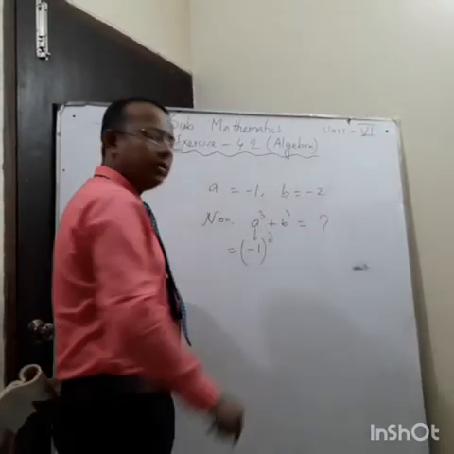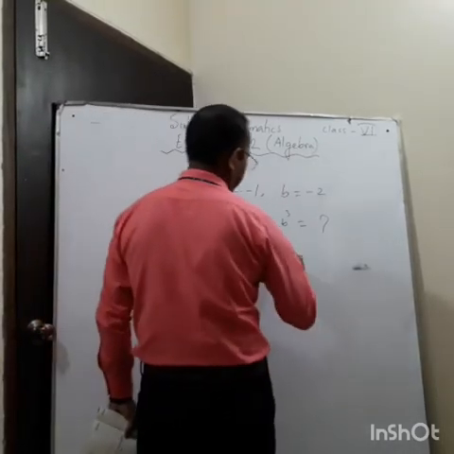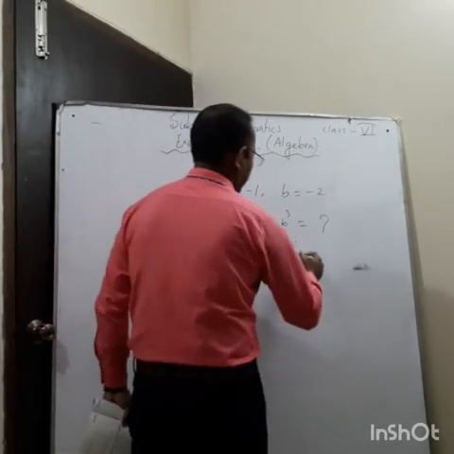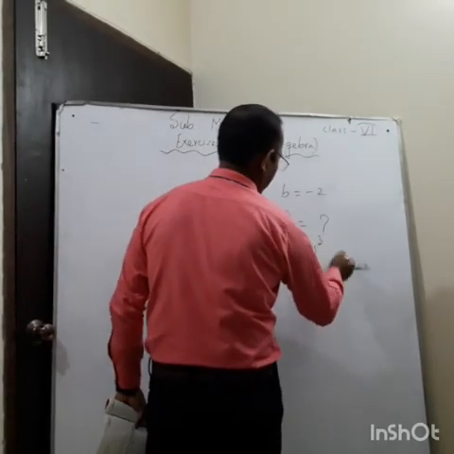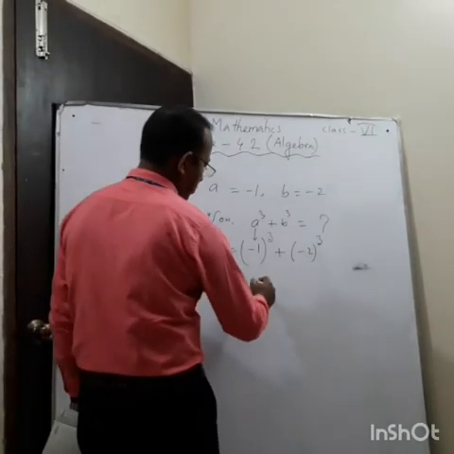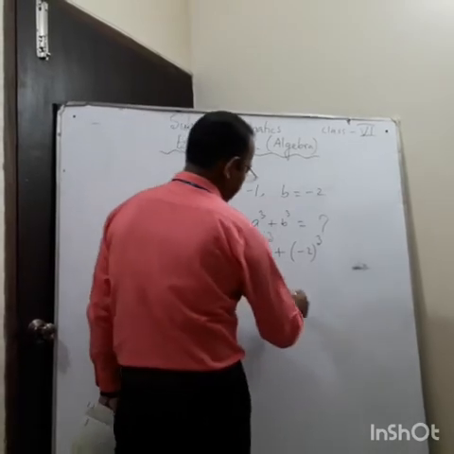So a cube is minus 1 whole cube plus b cube, so it will be minus 2 whole cube. Now this is minus 1 plus, it is minus 8.